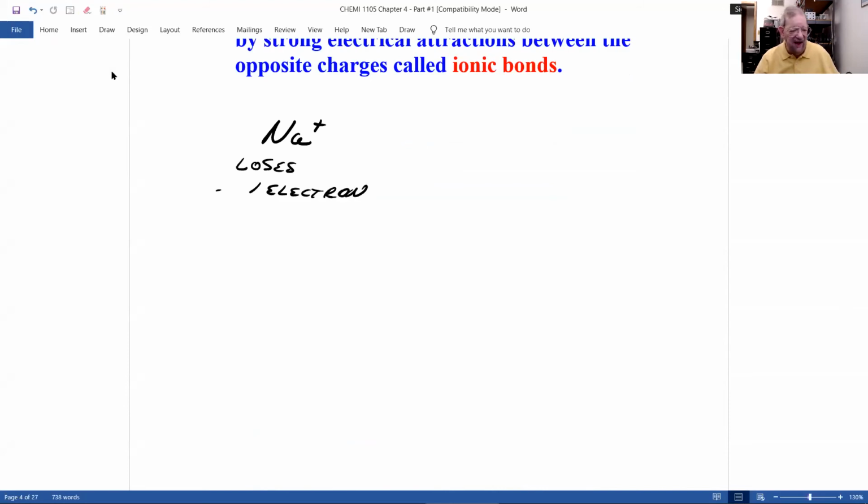Sodium, as you found out, loses one electron to form a cation. Where does that electron go? To chlorine. Chlorine, the chloride ion, gains one electron to get the same number of electrons as the nearest noble gas.